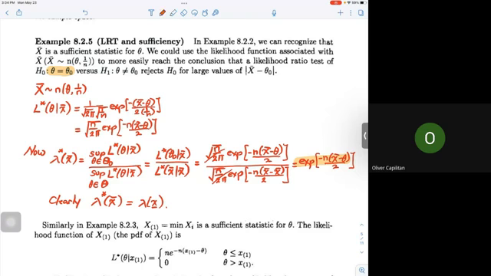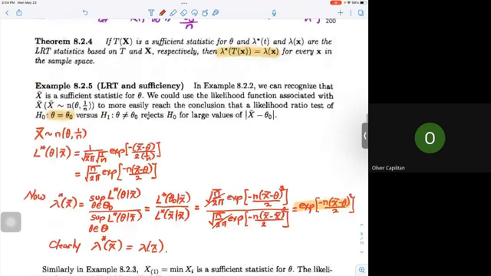May square to. Hindi nakita masyado yung square, no? Divided by 2. According to our theorem, the likelihood ratio test statistic based on our sufficient statistic will be the same as the likelihood ratio test statistic based on our sample.